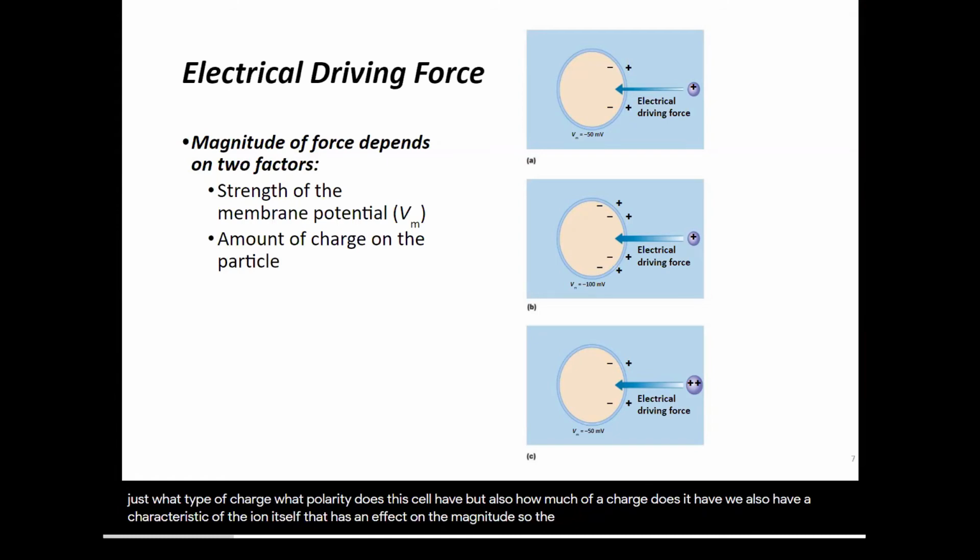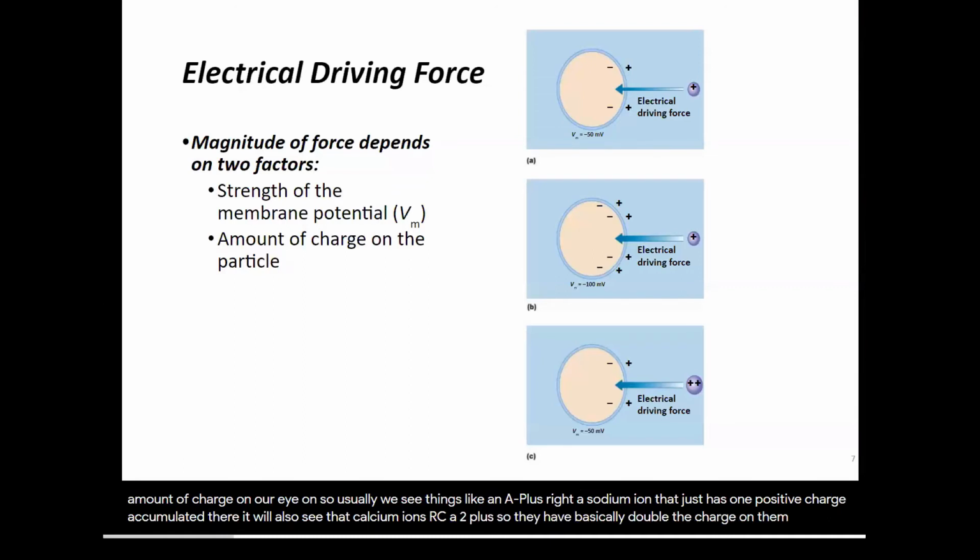So the magnitude of the force also depends on the amount of charge on our ion. Usually we see things like Na+, a sodium ion that just has one positive charge accumulated there, but we'll also see that calcium ions are Ca2+, so they have basically double the charge.